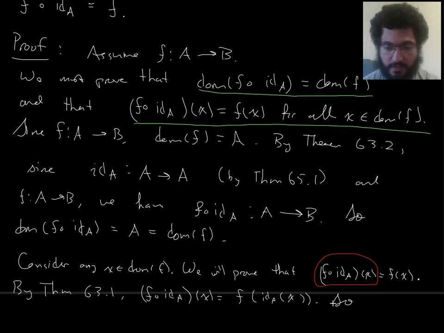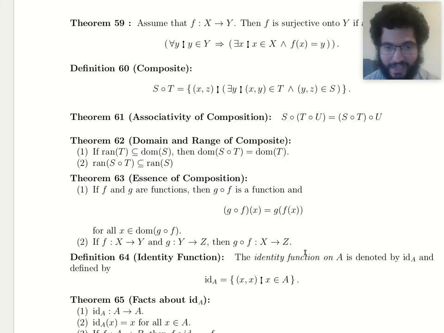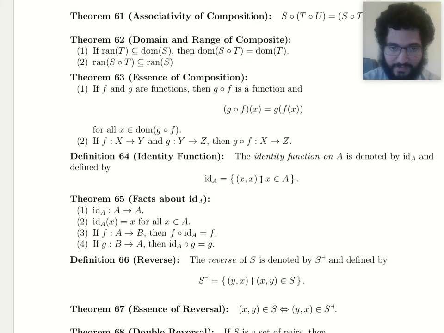So, well, hang on. So what's id A of x? Go to our facts about id A theorem, the one that we're proving right now. Part 2, also a previous part. Id A does nothing.